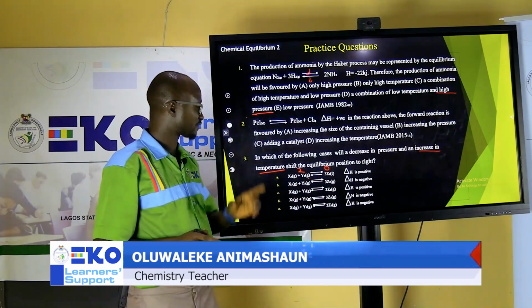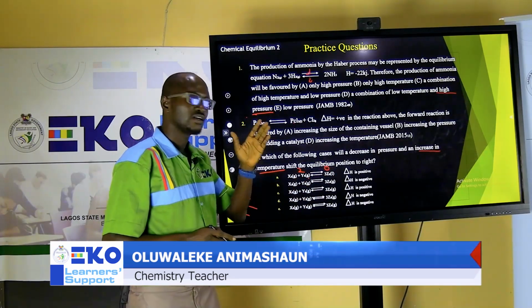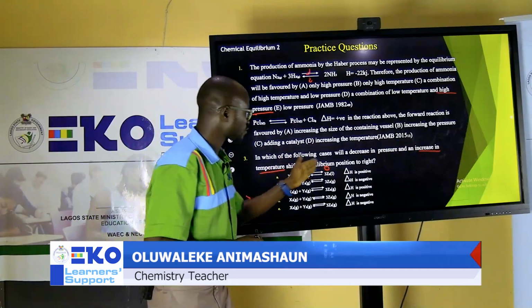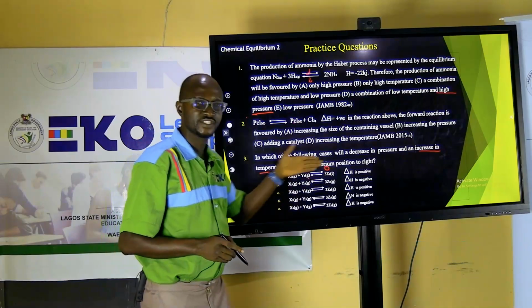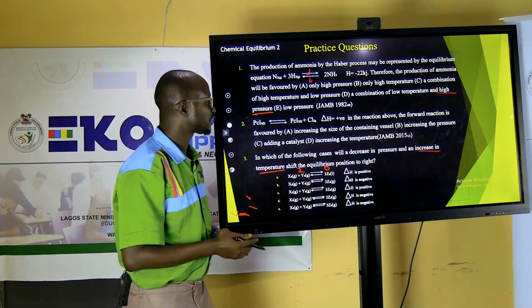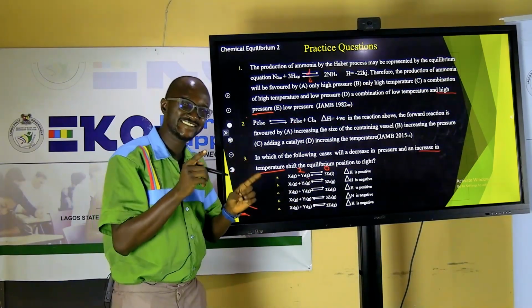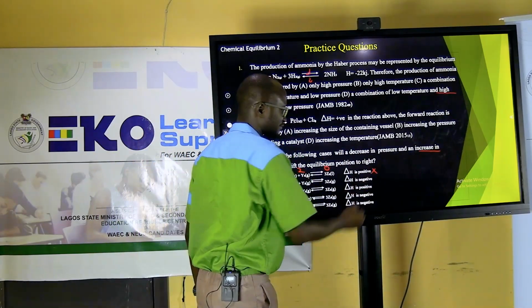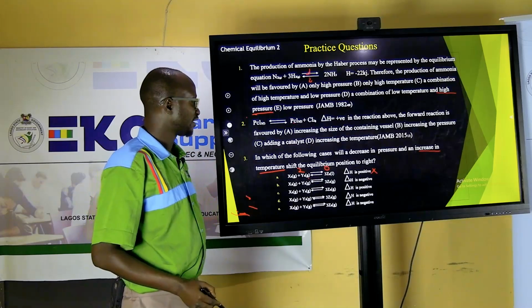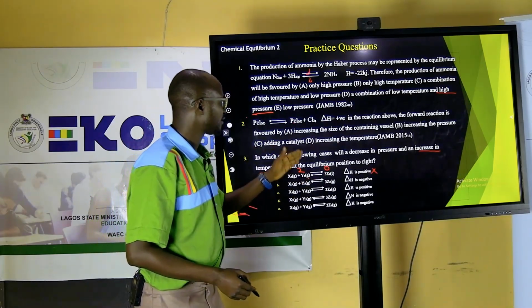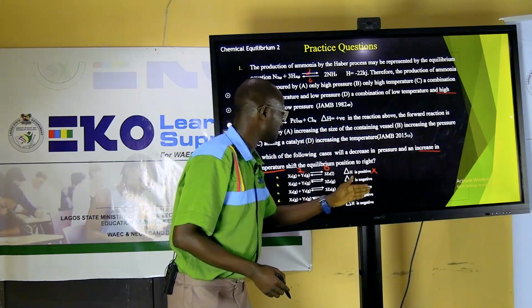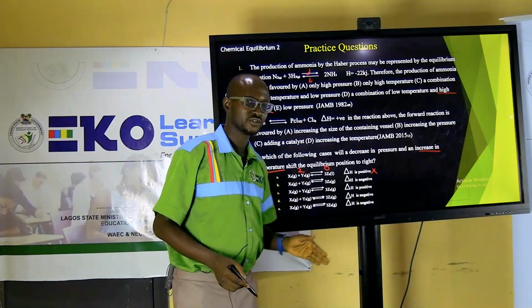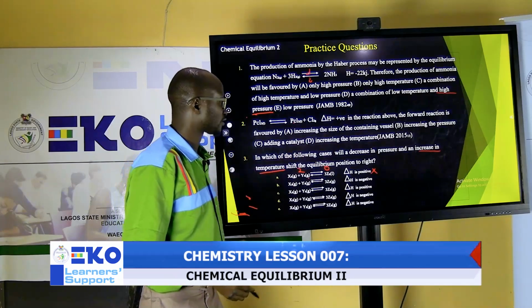We have already mentioned that liquids and solids don't have any relationship with pressure. So from 2 to 0 is a decrease in the number of moles. What can favor a decrease in the number of moles? Increase in pressure. So A does not satisfy our answer, because for A, only an increase in pressure and an increase in temperature will favor the forward reaction, which does not agree with the condition we are given.